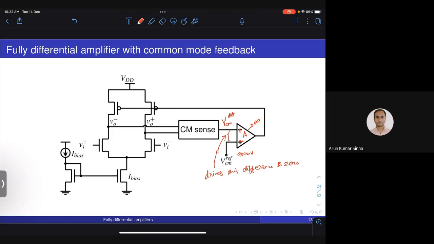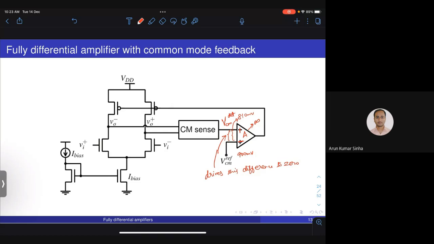Once the circuit settles, the voltage will be somewhere around 810 millivolts, a difference of 90 millivolts. But 810 millivolts could still be sufficient to keep all the transistors in saturation. So the finite gain of this amplifier will not have any problem.